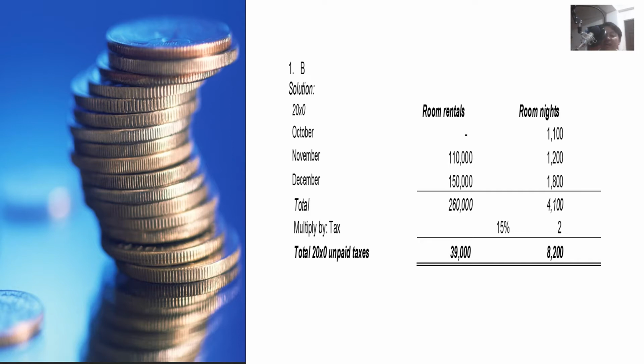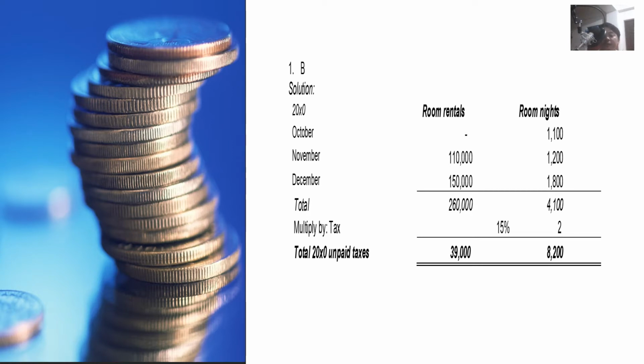So, i-add mo lang yung November at saka yung December, 110,000 at saka 160,000 is equal to 260,000 and multiply mo yung tax rates para makuha yung sales tax na 39,000. Tapos, sa room per nights naman, so ang policy nila doon is 15 days after ng end ng quarter. So, last quarter na yan. So, pag mag-i-end yung quarter ng December 31, di ba? So, January 15 pa babayaran.